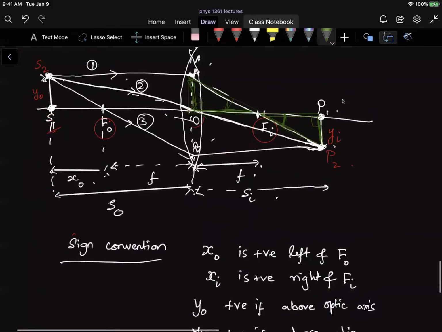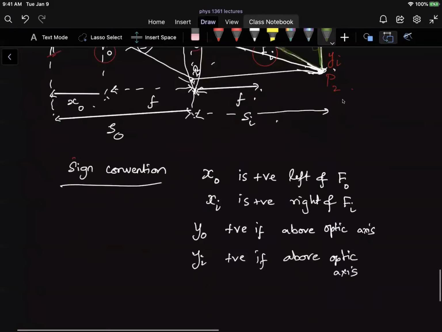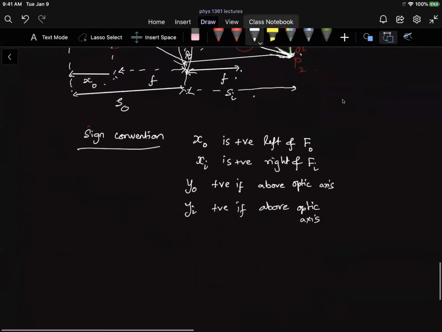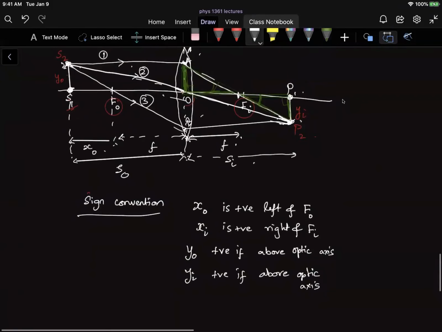So YO divided by YI. Remember that this height over here was very carefully picked to be the same as the height YO over there, and similarly YI is clearly the height of the image. So now we can make the statement that because these two triangles are similar, the ratio of these two sides, that is the sides that are vertical, is the same as the ratio of the sides that are horizontal over here and here.